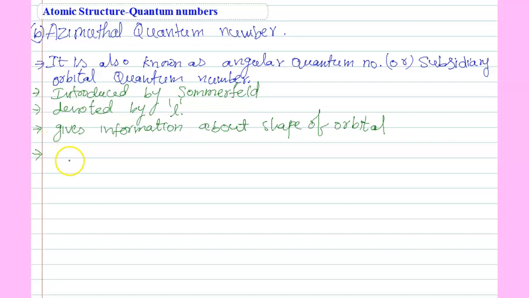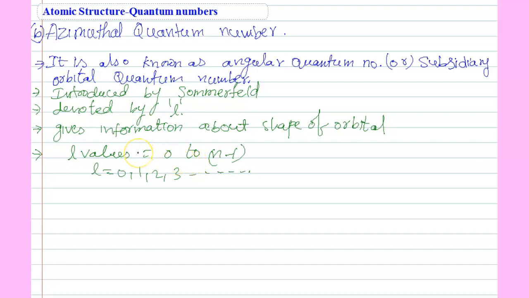And l values are 0 to n minus 1. So normally these l values are just like 0, 1, 2, 3 and so on like that.